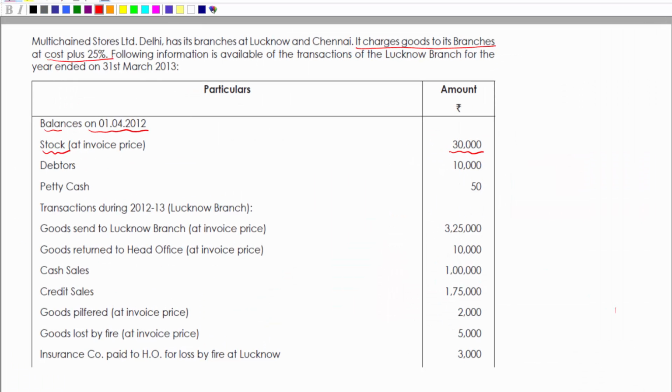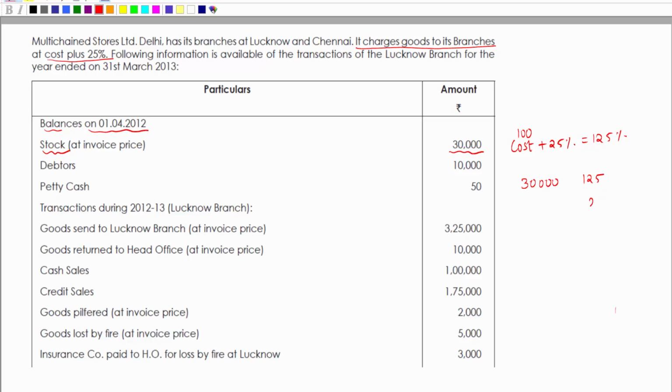So whatever you have in the branch as opening stock 30,000, this includes cost plus 25%. If you assume cost is 100, then it is at 125%. So this 30,000 represents 125%.